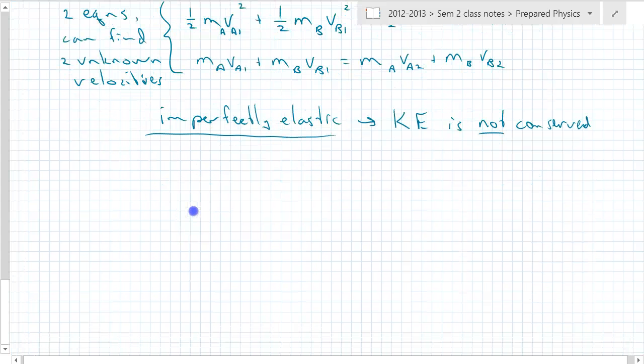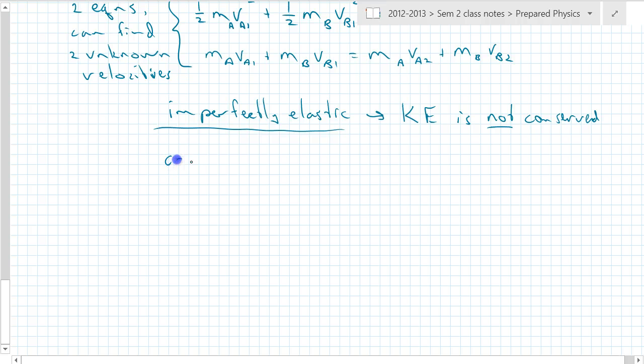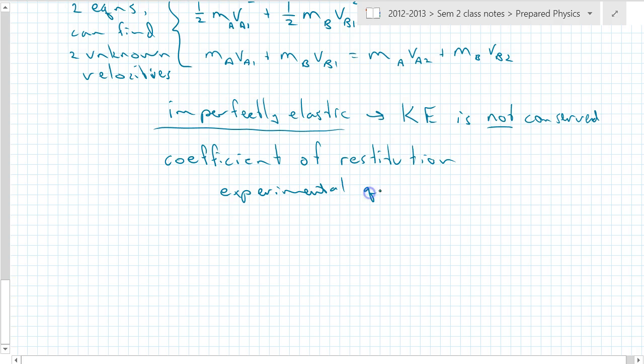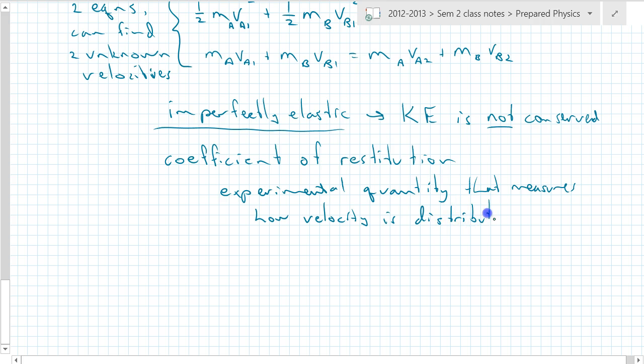And in those cases, there's something which is called the coefficient of restitution, which is an experimental quantity that measures how velocity is distributed in a collision.